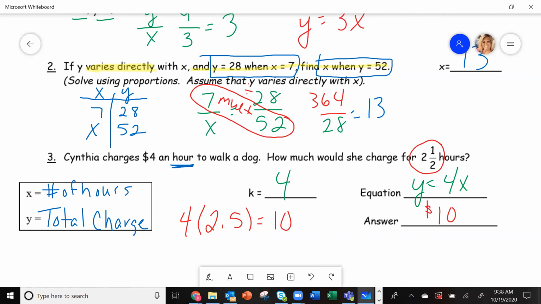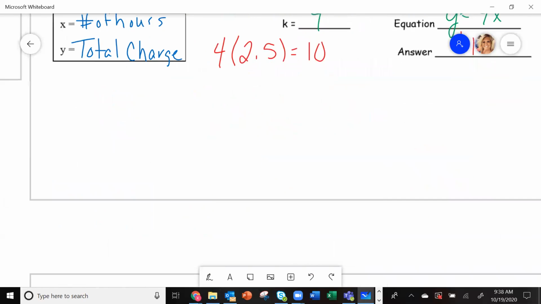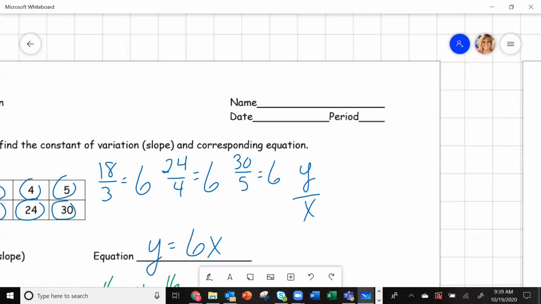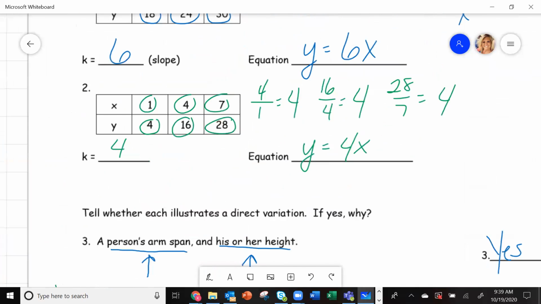Make sure you have a minute to write that down. That's the end of those notes. Let's pick up right here where we left off.